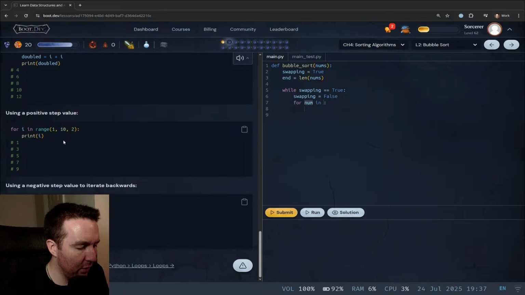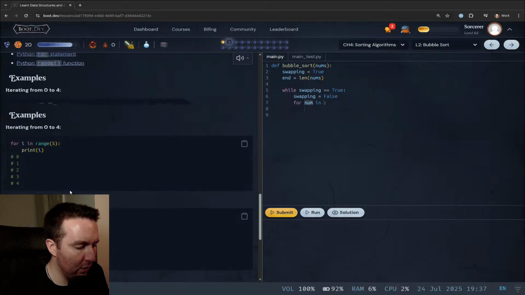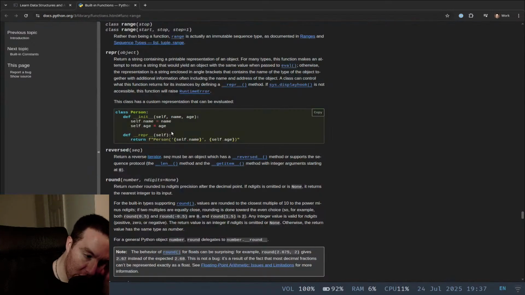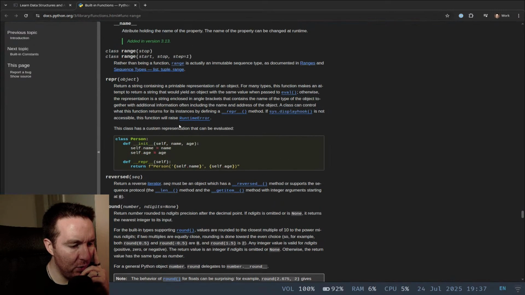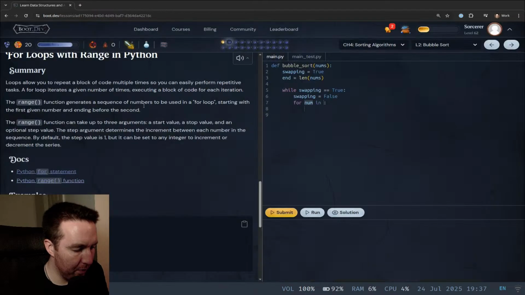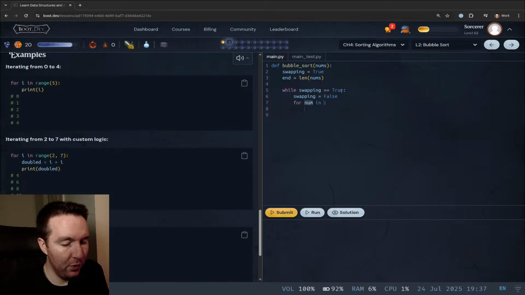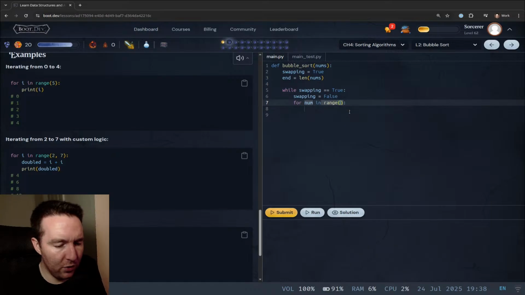Iterating. Use positive step values, negative step values go backwards. How do you start part way through into it? Oh right, sorry, it's the first part. So range. Iterating from 2 to right. Okay. In a range, I'm not used to using this range function.